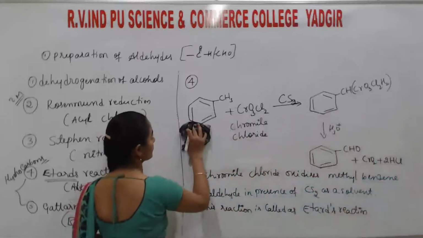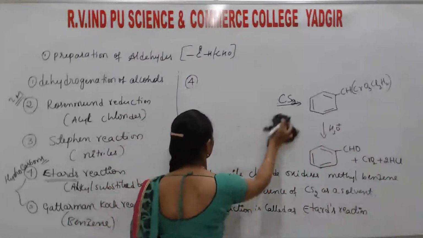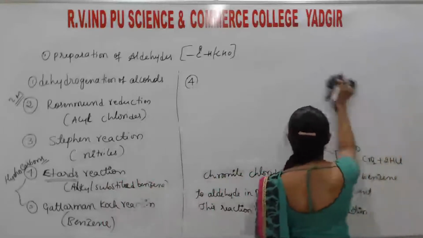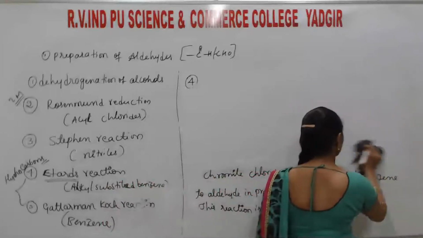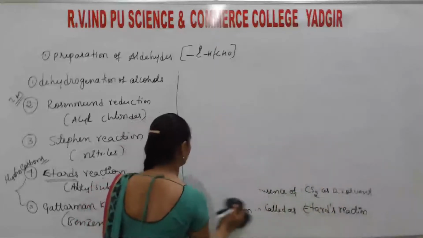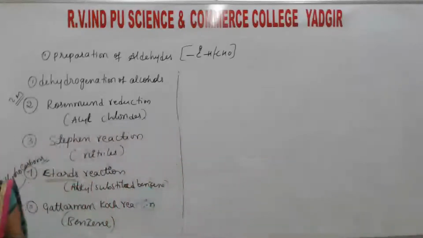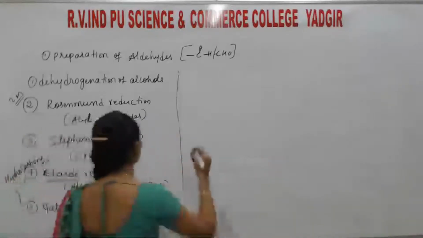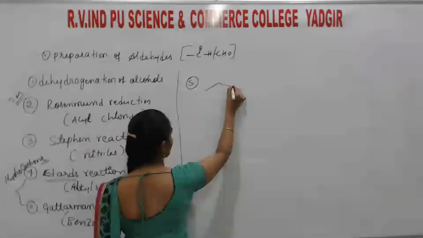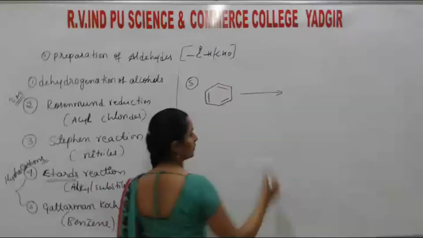Next. Last one is the Gattermann-Koch reaction. So students, of course the reagent used here is benzene.